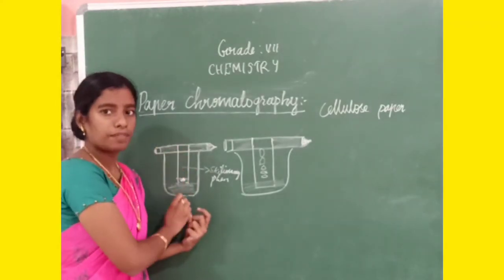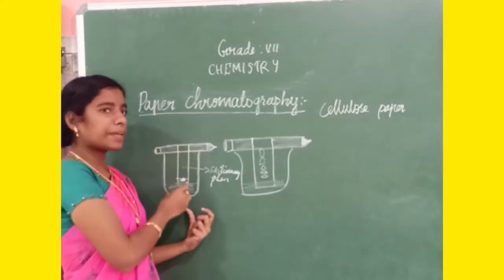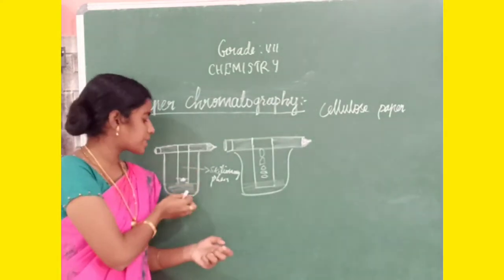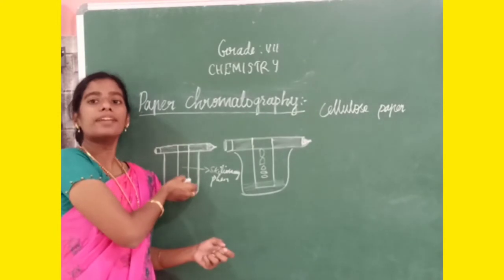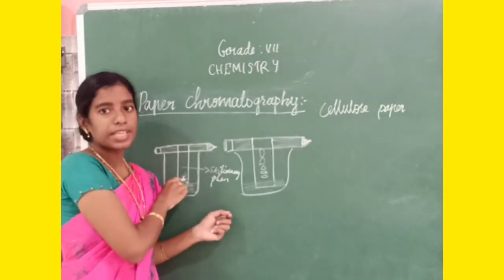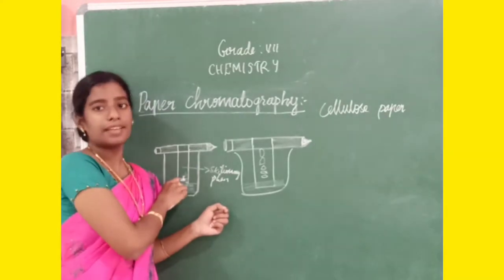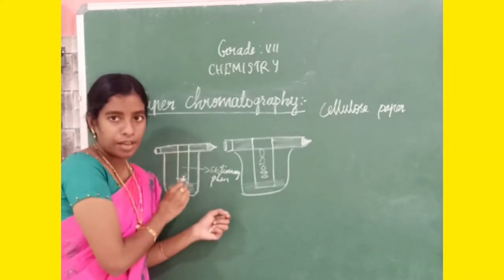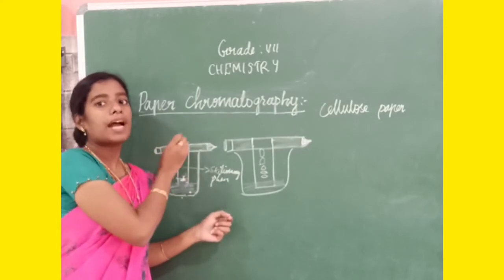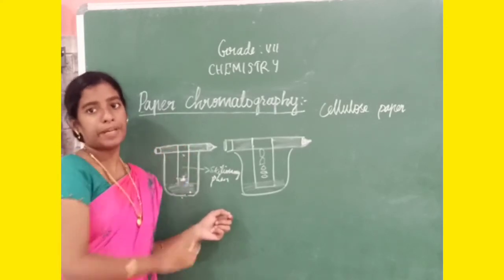When this paper comes in contact with the solvent, the paper starts absorbing the solvent by capillary action. Due to capillary action, the solvent is absorbed by the filter paper.